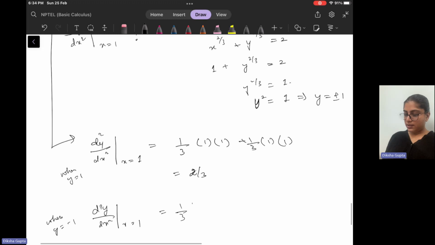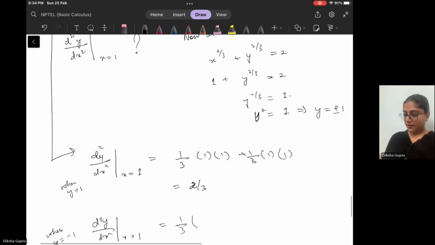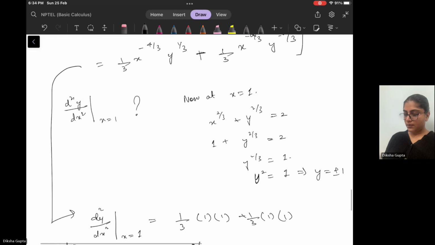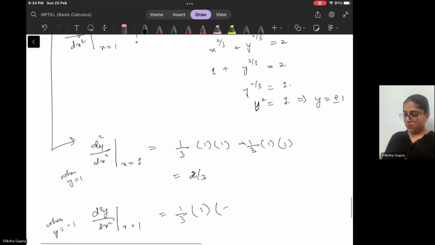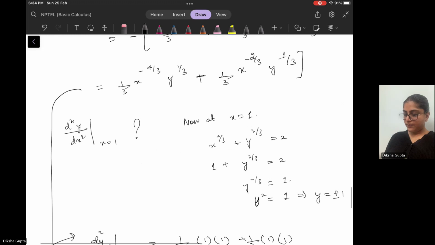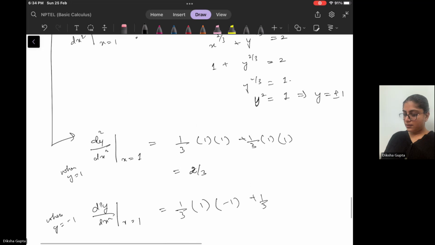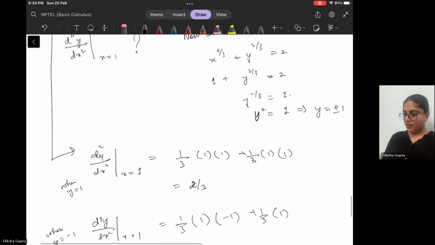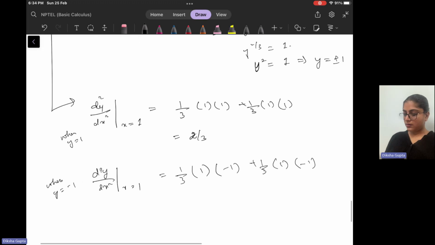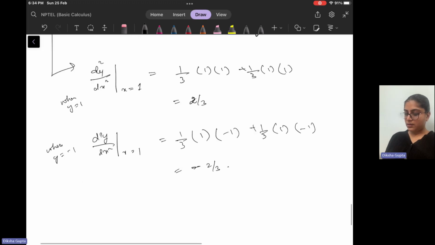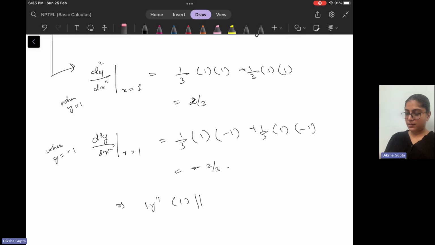So this will be 1 by 3, x is still 1, y is minus 1, and plus 1 by 3, 1, and y is minus 1. So this will be minus 2 by 3, implies the modulus of y double dash at the point 1 is 2 by 3.